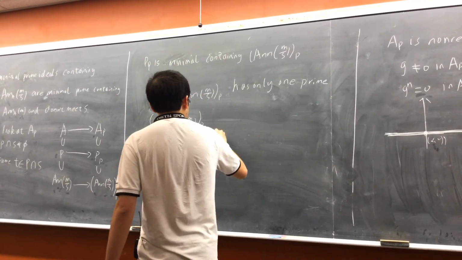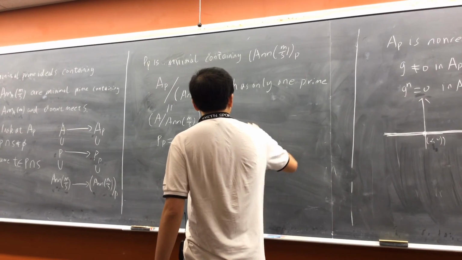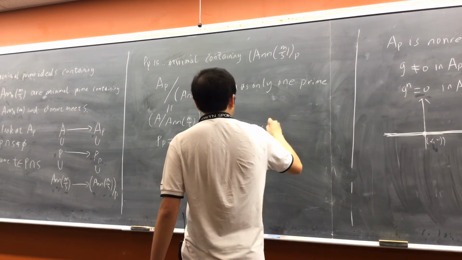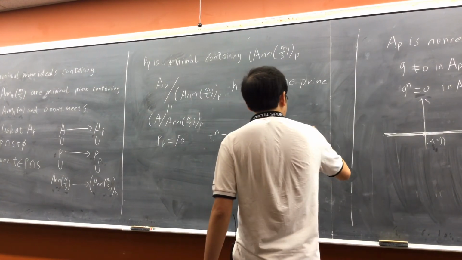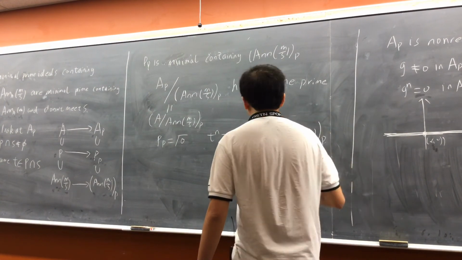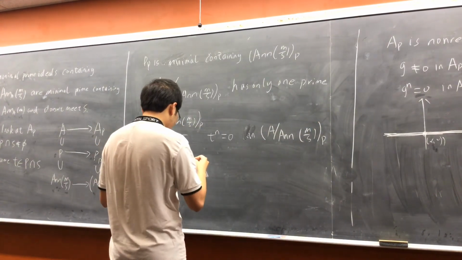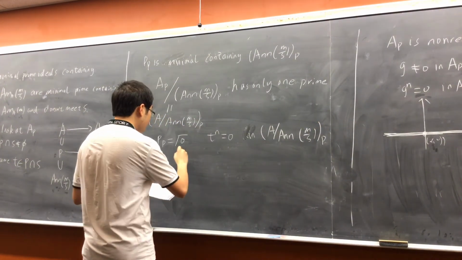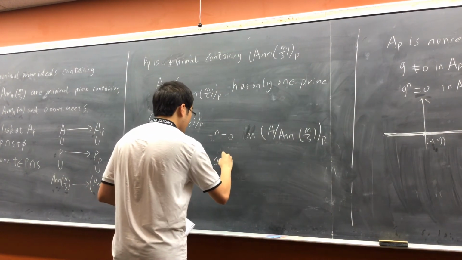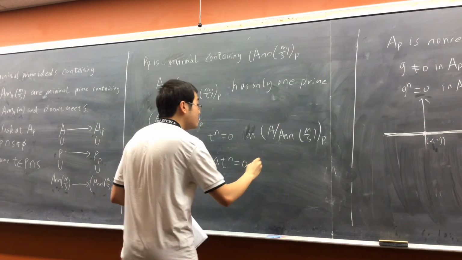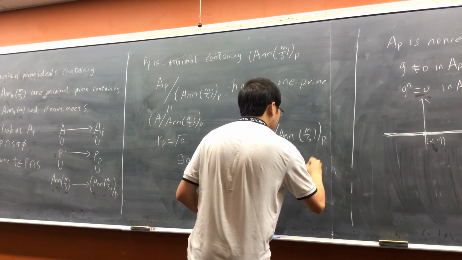That means T to the power of n is 0 in this ring. So that means there exists some A not in P, with A T to the M equal to 0 in M_S.